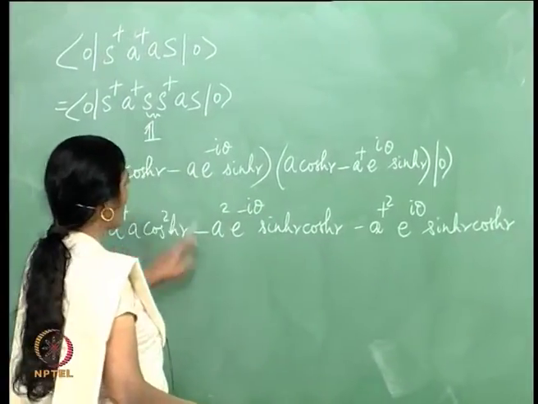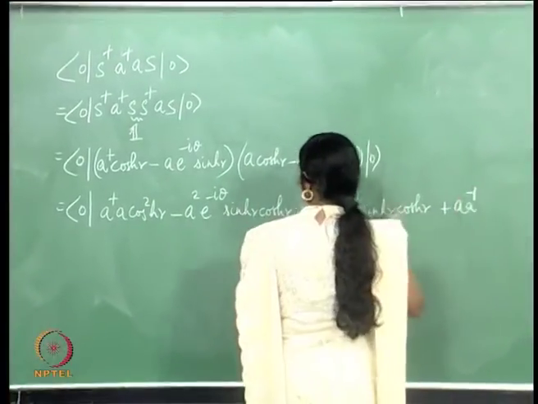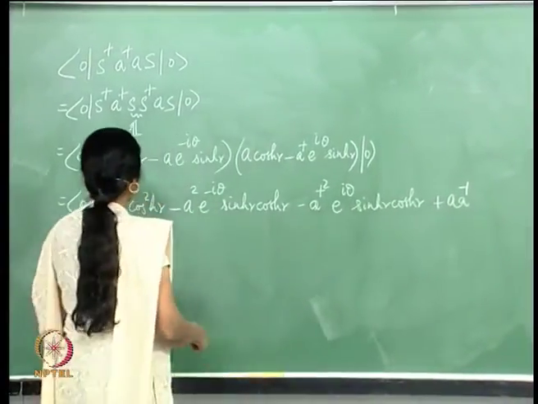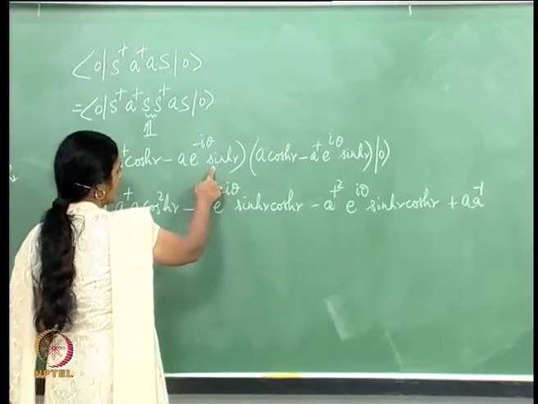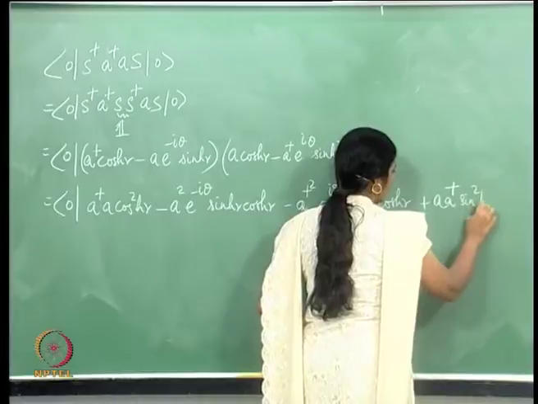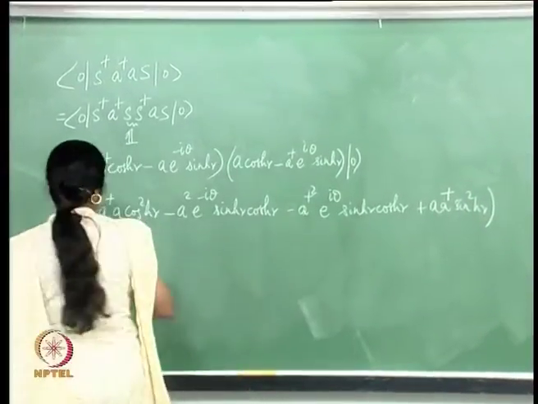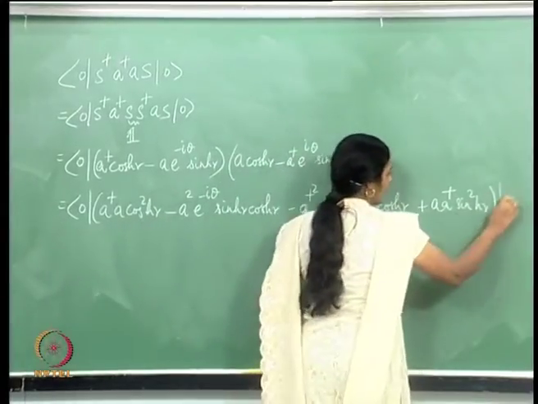And the last term is plus A† sin hr sin squared hr. And this whole thing acts on ket 0.